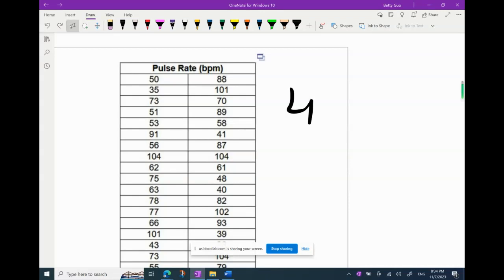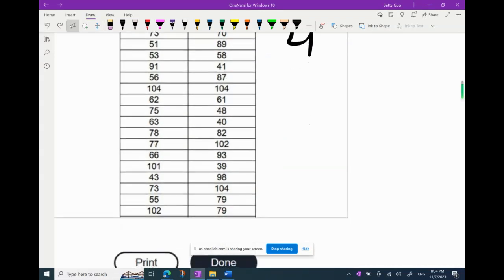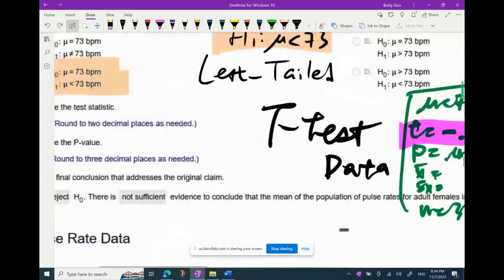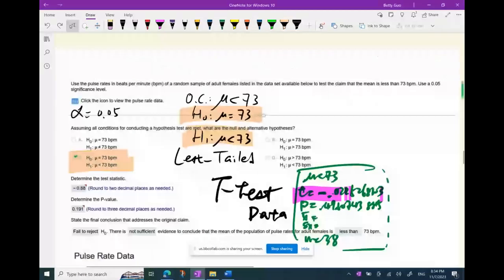I did not enter anything wrong. Oh, hold on, 90, 98, 104, 79, 79, nothing wrong. And then let me double check the t-test.